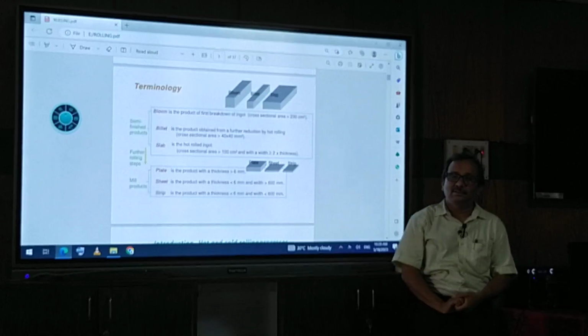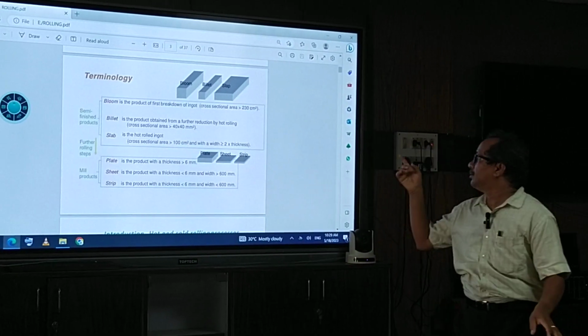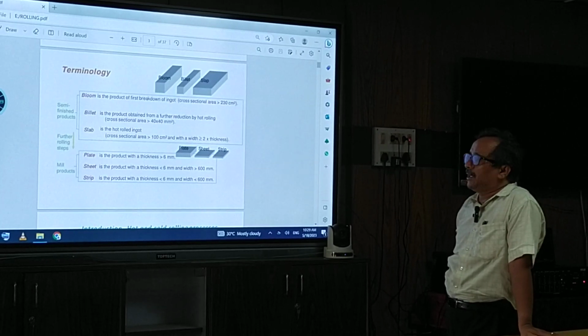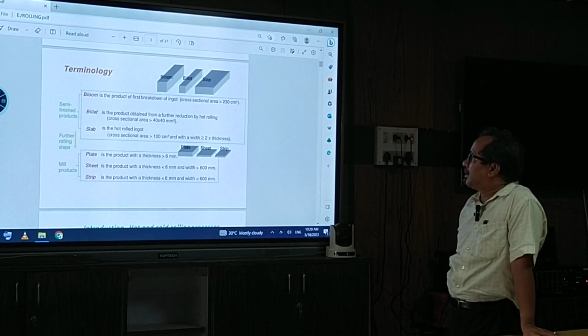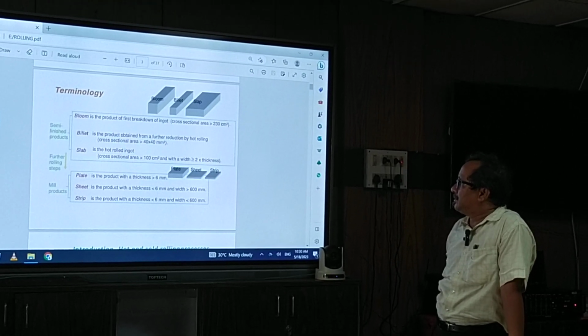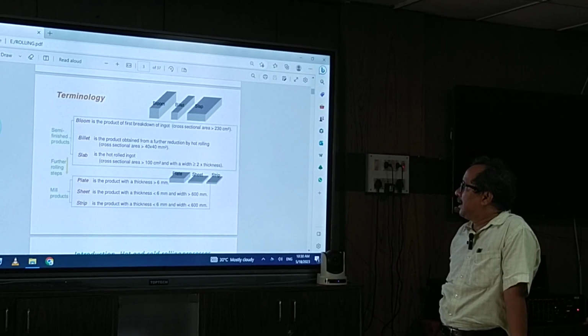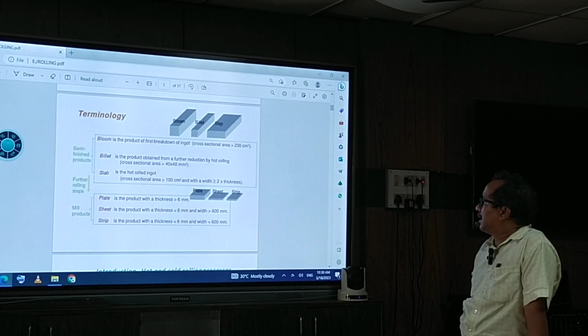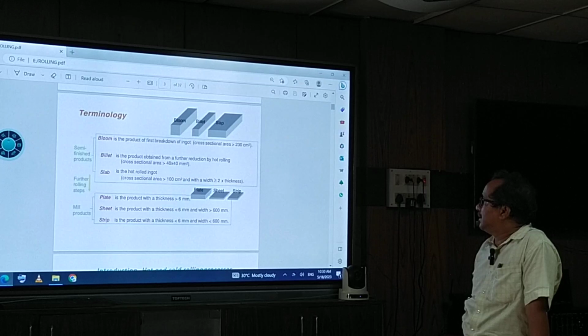Billet is next. Billet is the product obtained by further reduction by hot rolling, that is 40 by 40 mm square cross sectional area. Then slab. Slab area is greater than 100 cm square and width is greater than or equal to 2 inch.